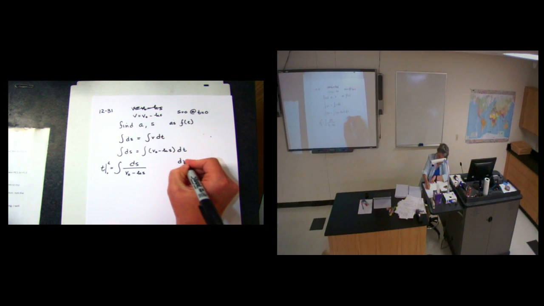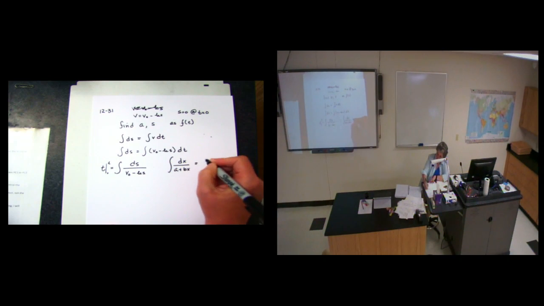But still not necessarily clean. And if I go look in the back of my book, that's probably not the answer I'm going to see. So now I'm going to clean this up here.